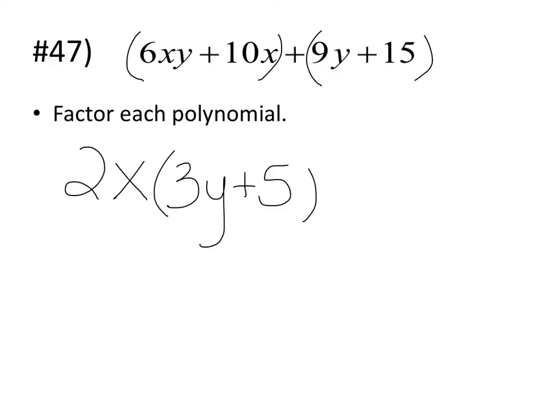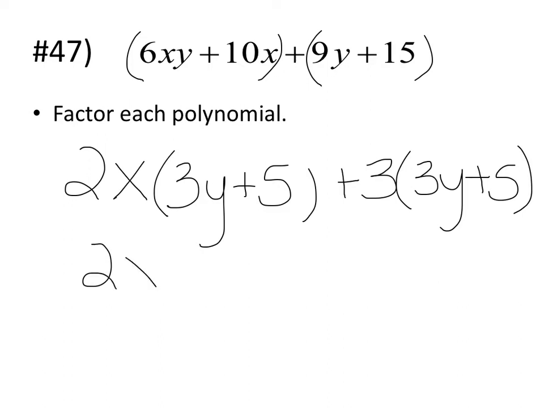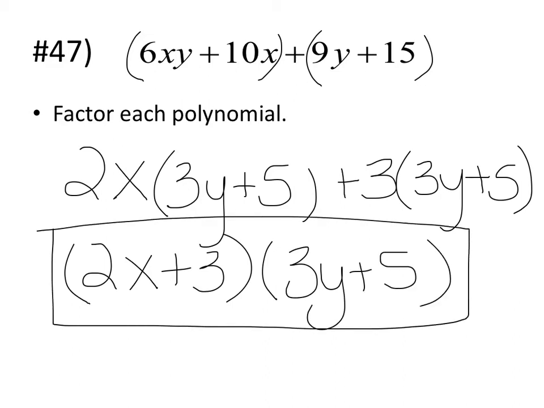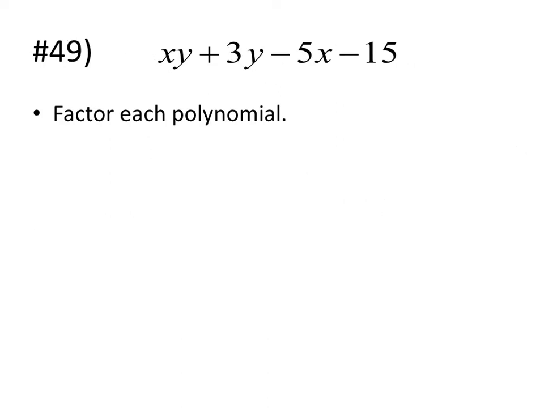And then back here, I've got a 9 and a 15, so I'm going to factor out a 3. And then I'm left with 3y plus 5. So then I've got 2x plus 3 on the outside, and on the inside of the parentheses, I've got 3y plus 5. You can always check your work by distributing to see if you get the same thing you started with.